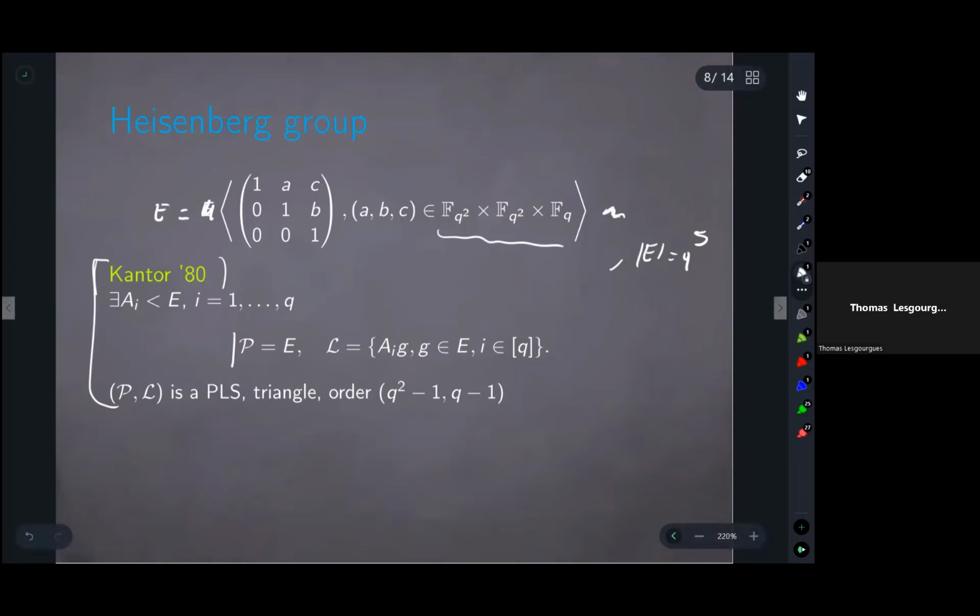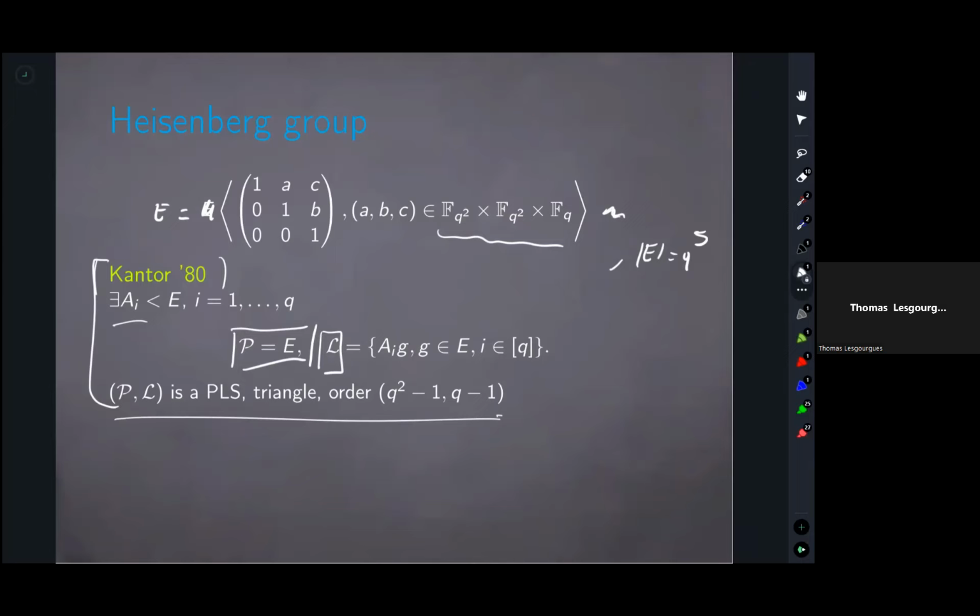And if you define your point set to be the group and the lines to be, more or less, the right cosets of these subgroups, which is all you need to remember, then that gives you a partial linear space, triangle-free, with a specific order. So that's good. We have one.